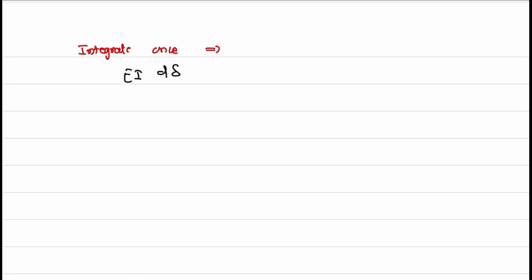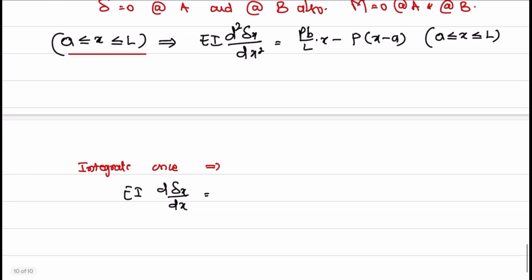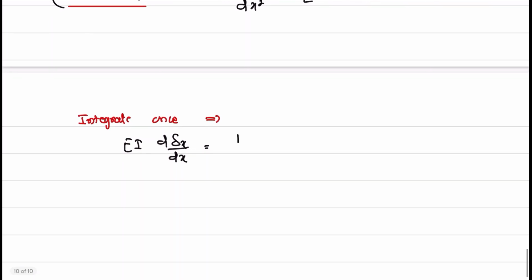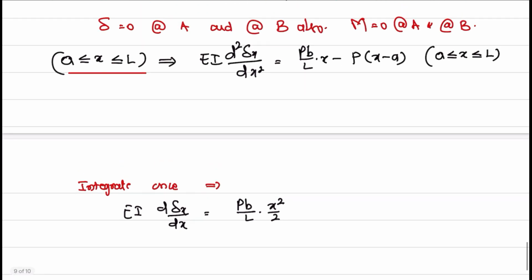EI into d delta x by dx is equal to PB by L into x square by 2 minus P into x minus a whole square by 2 plus some constant C3, integration constant.